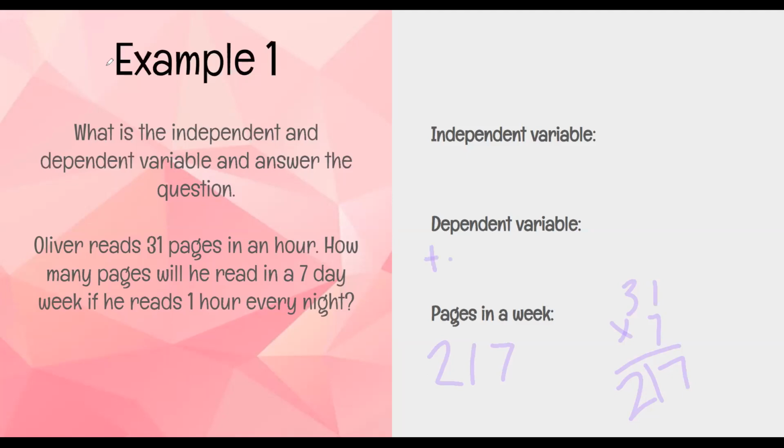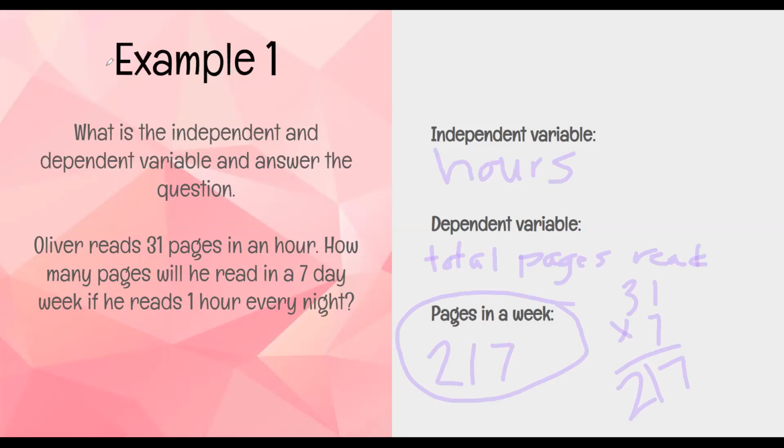So the number of pages that he reads depends upon how many hours he reads. So in this part down here, think about what numbers you were multiplying together to find that answer. So you were using the number of pages that he read in an hour, and then how long he read.